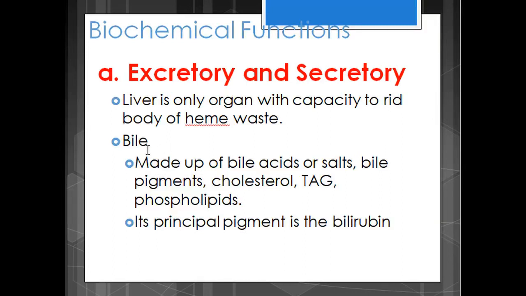So, the bile is made up of bile acids or salt, bile pigments, cholesterol, triacylglyceride, and phospholipids. Bilirubin is the principal pigment of bile, and it is derived from the breakdown of the red blood cells.